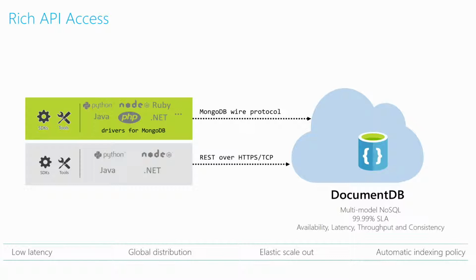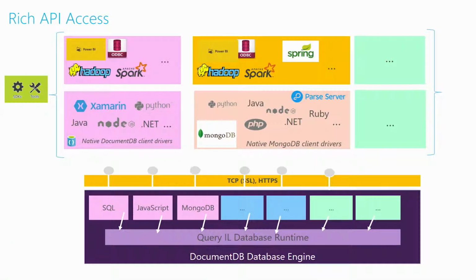DocumentDB's model is to provide the richest of API access possible for every customer out there. Whether you're using REST over HTTPS or TCP, or using the MongoDB wire protocol, you can use DocumentDB as a native MongoDB database or as a document store as you would do with the DocumentDB APIs. Now, the API model also means we provide support for most of the common languages and frameworks out there, be it Node.js SDK, support for Spark, support for ODBC, or Xamarin, .NET Core, or Python.